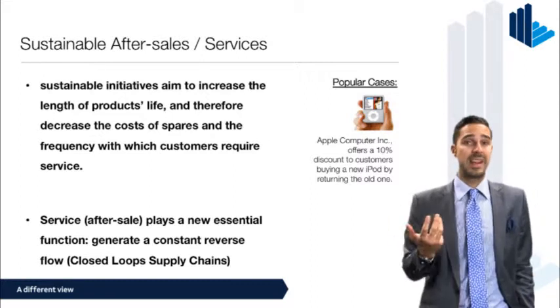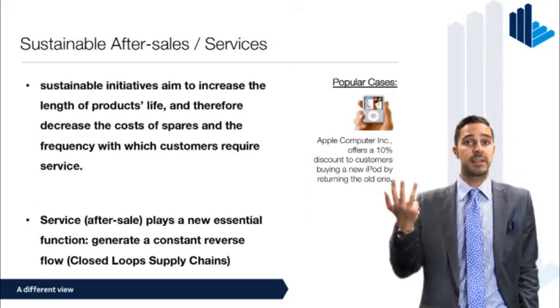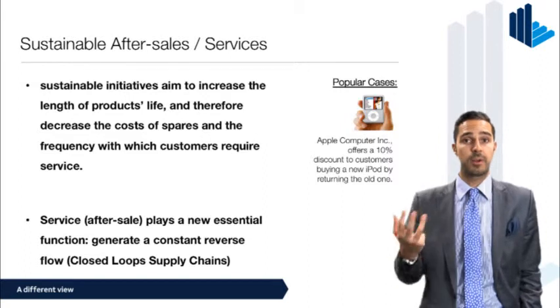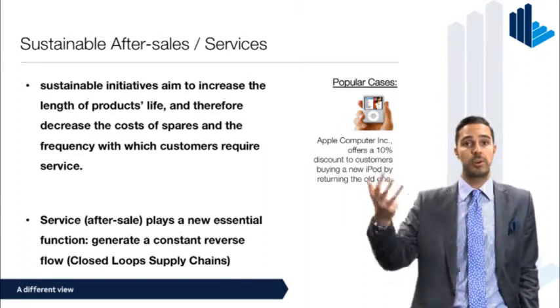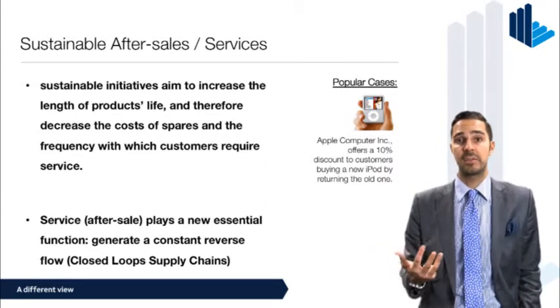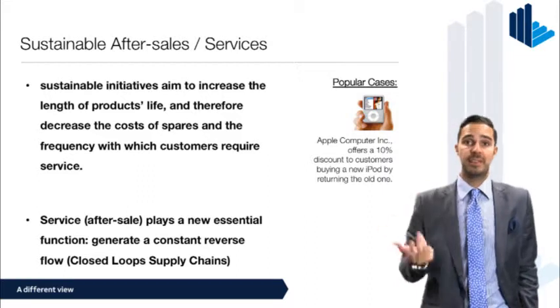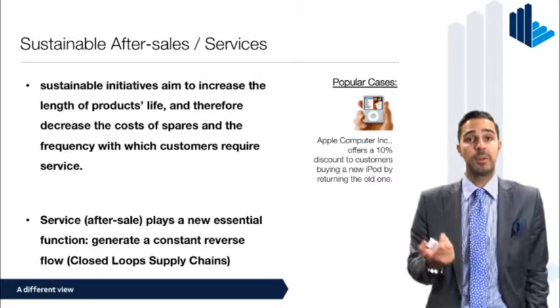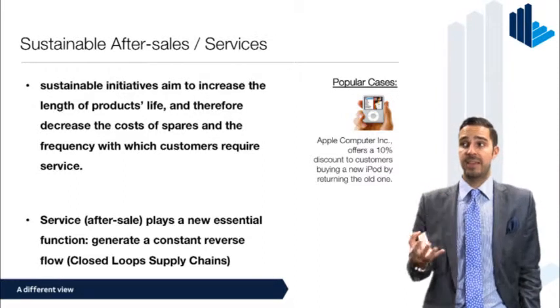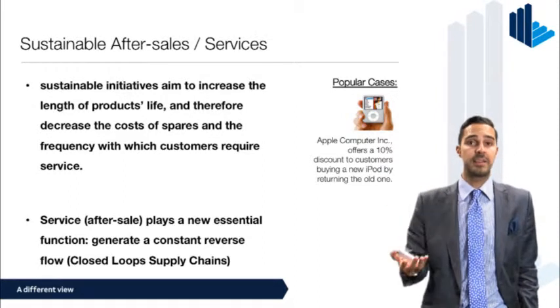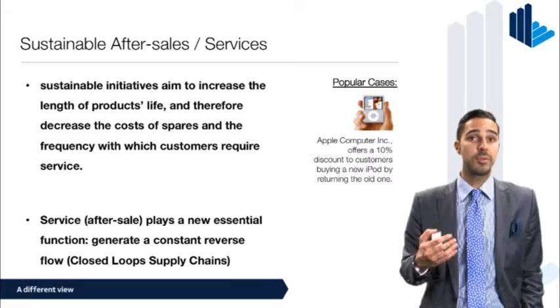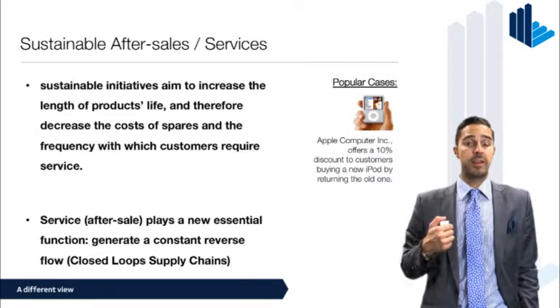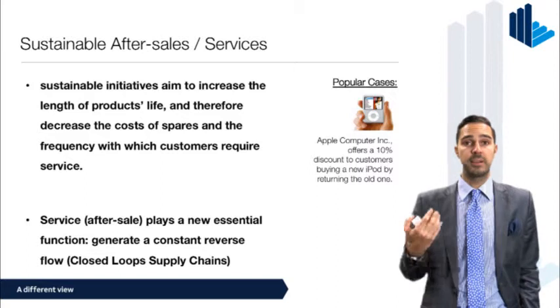Again, there are many examples of companies that activated this kind of closed loop supply chains in order to recover products at the end of the life. A good example is again the example of Apple, because they, for example, offer a 10% discount on iPods if, when you purchase one, you bring back the old one.